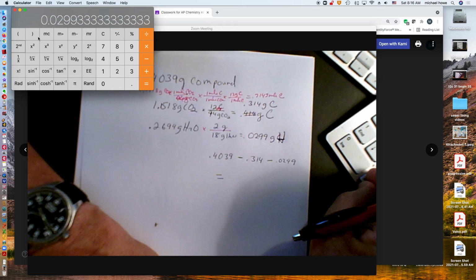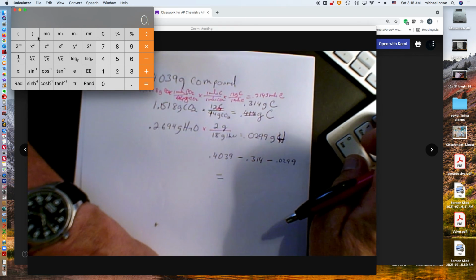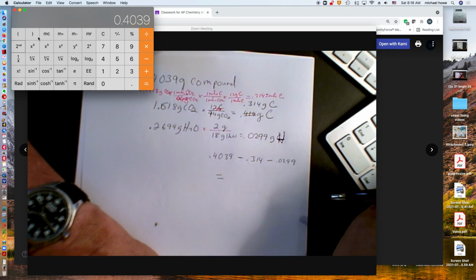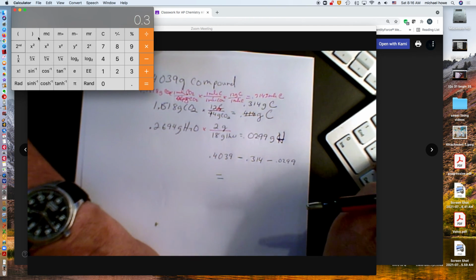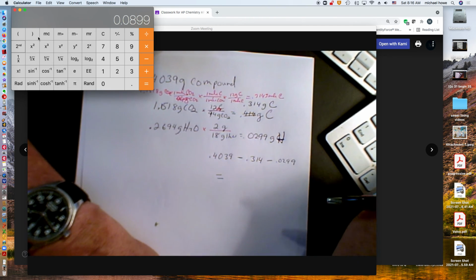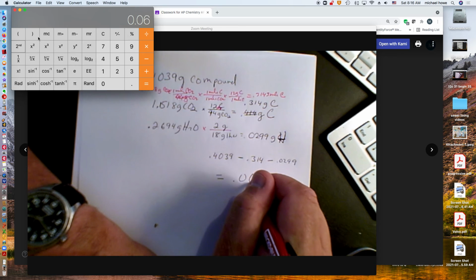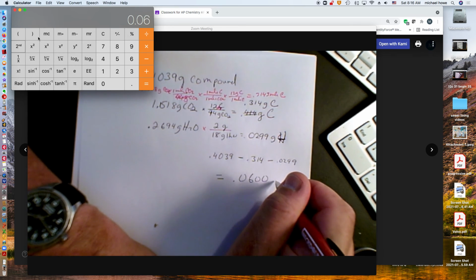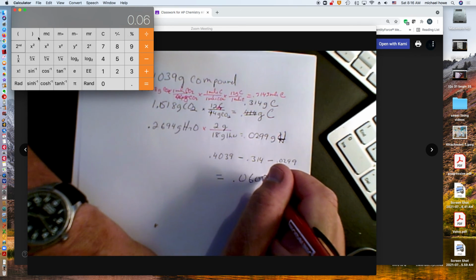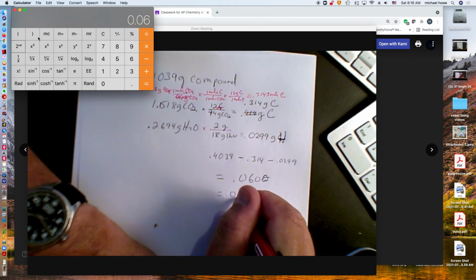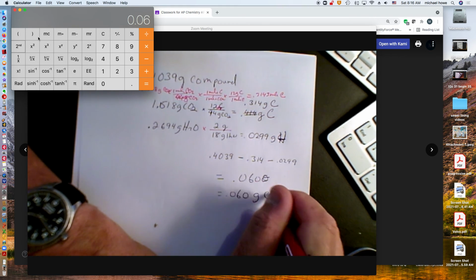So let's do that. 0.4039 minus 0.314 minus 0.0299, you get 0.06. Or at least, since I did it in 3 sig figs, we'll go 0.060 grams of oxygen.